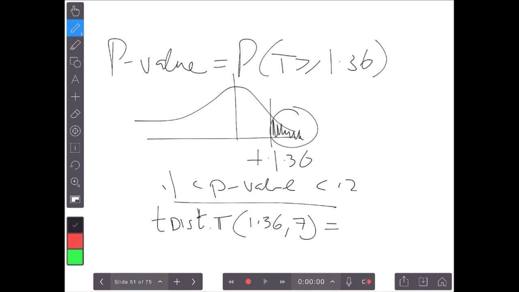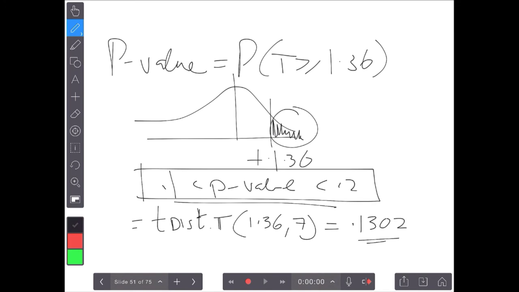It will give you what the exact value is, and I believe that exact value, I don't have Excel up right now, might be 13.02%, 0.1302. I believe that's what it is. I could be wrong, but I believe that's what it is. And maybe you could verify that for me by just simply plugging in that function in Excel. All right? But at least we know it's between 10 and 20%.